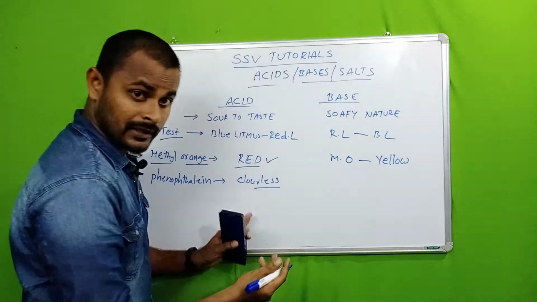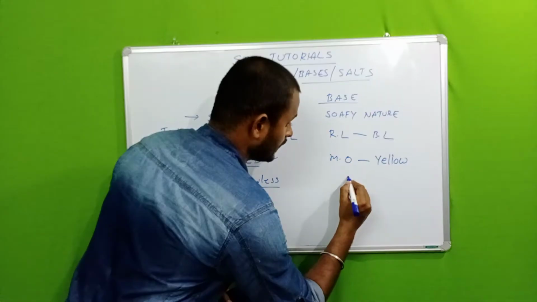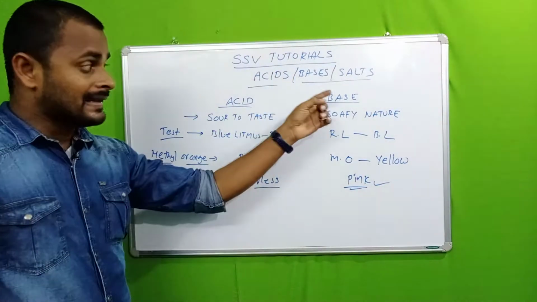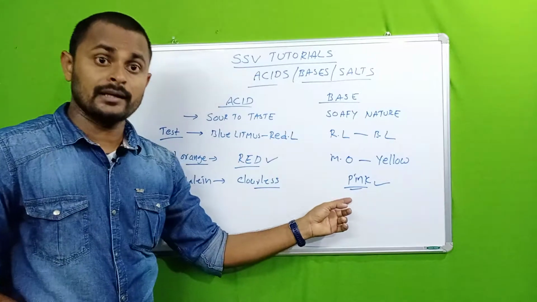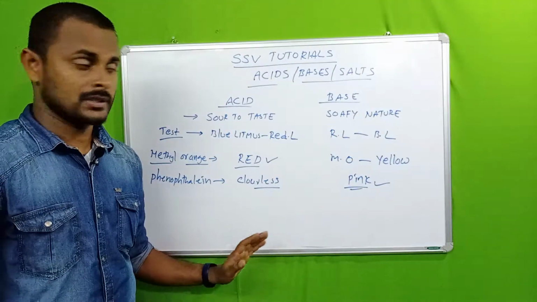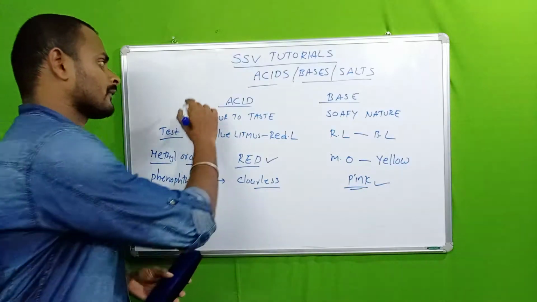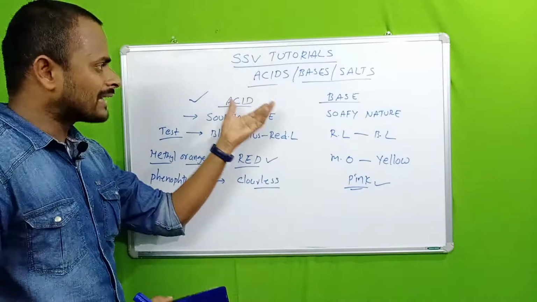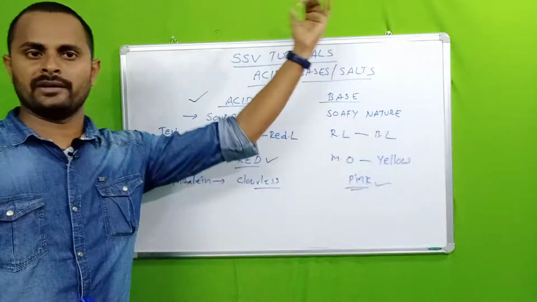Bases convert the phenolphthalein indicator into pink color. Very, very important: bases convert phenolphthalein into pink, but with acids a colorless solution forms. These are the common properties and common indicator tests of acids and bases from the previous classes.